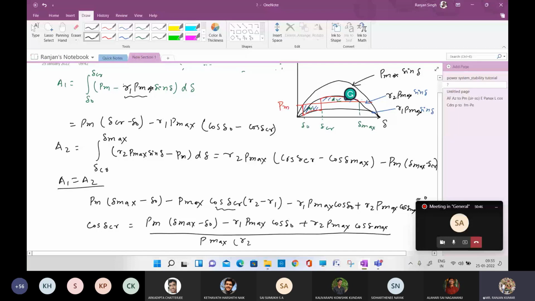You can divide P by P max, so in the numerator it comes only r1 and r2, and in the denominator r2 minus r1.